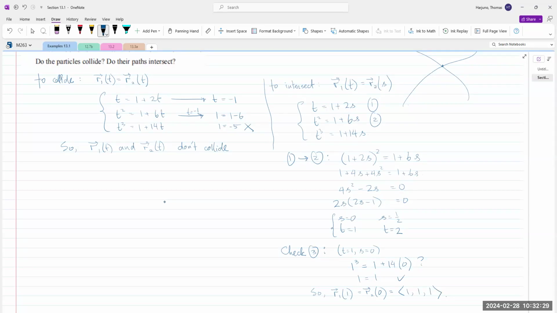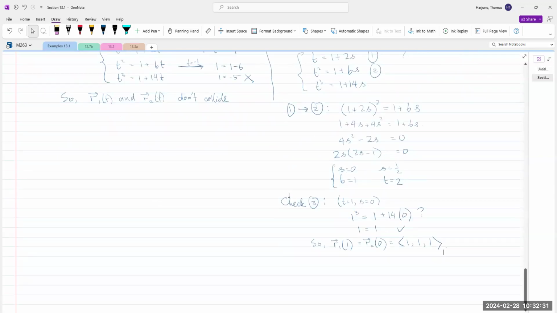Okay. Now, how about when s equals 1/2 and t equals 2? So when t equals 2 and s equals 1/2, do they collide? The first... t cubed equals 1 plus 14 times 1/2. So this 8 equals 1 plus 7, that's 8 equals 8.